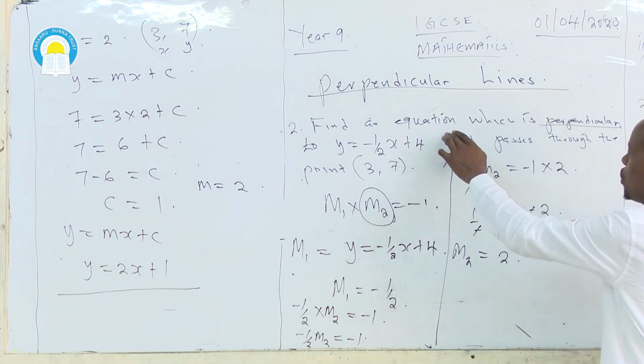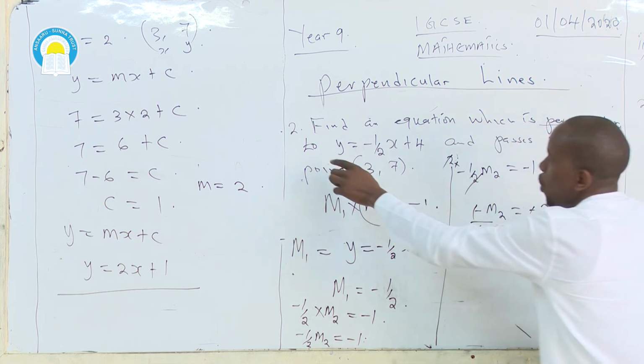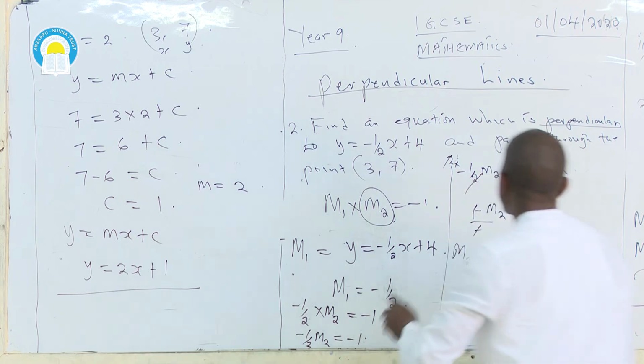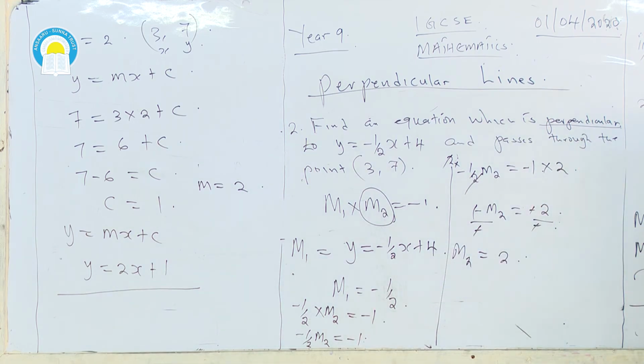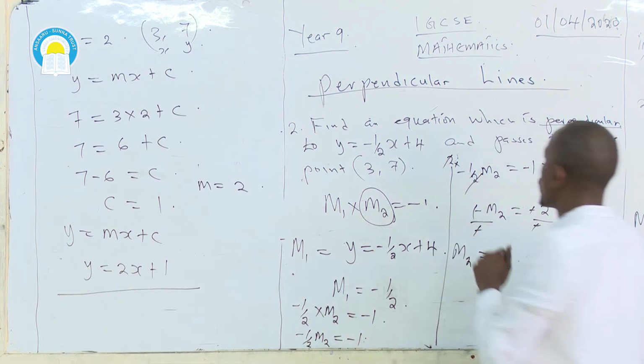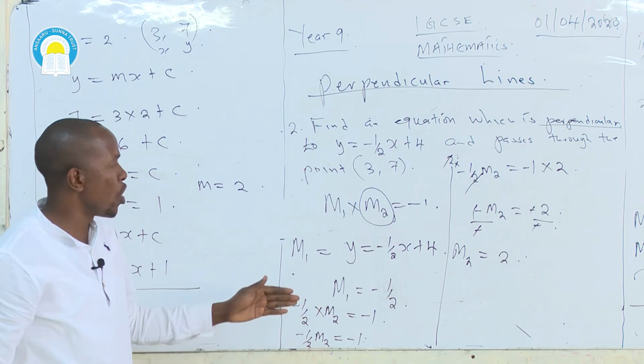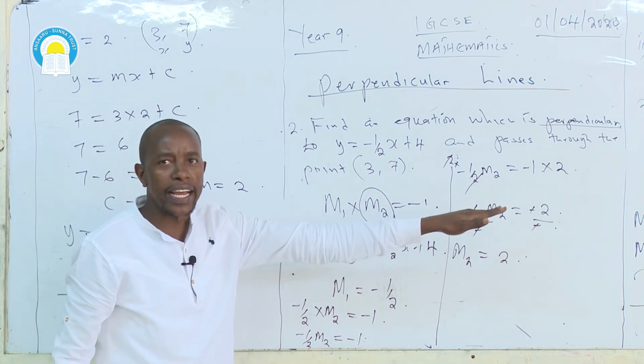Find an equation which is perpendicular to y is equals to negative a half x plus 4 and passes through the point. What drives you to get the answer is the fact that these are perpendicular lines, and in perpendicular lines the product of their gradients is always negative 1.